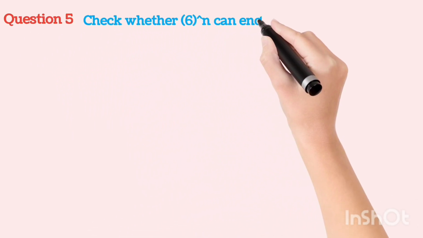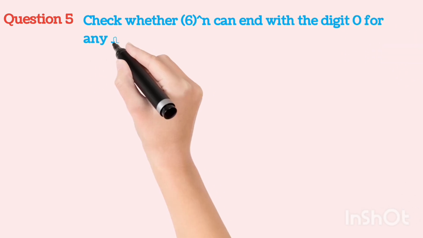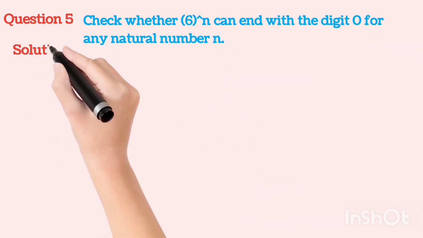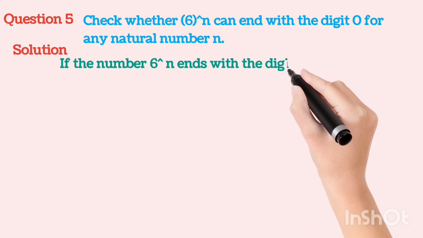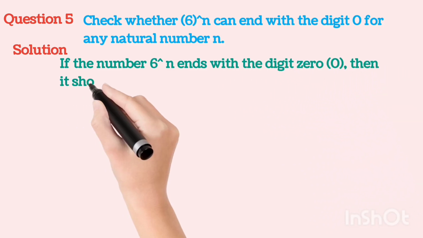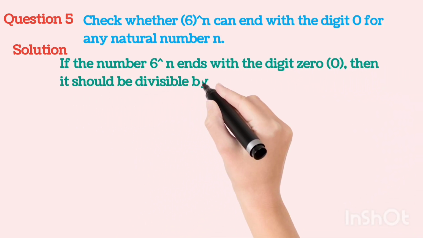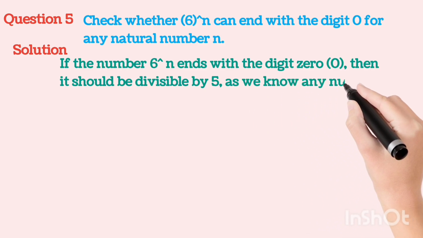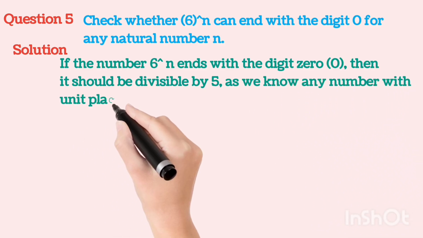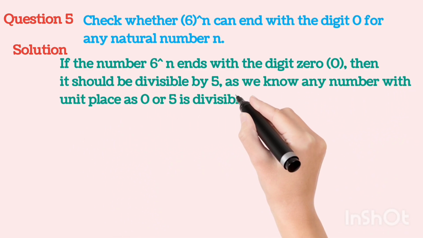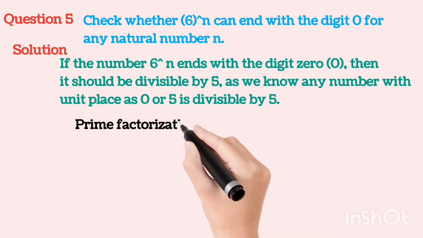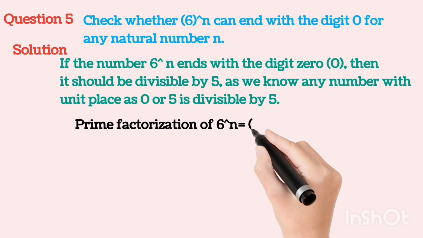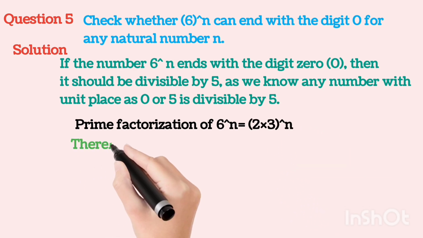Now next, question 5. Check whether 6 to the power n can end with the digit 0 for any natural number n. Solution. If the number 6 to the power n ends with digit 0, then it should be divisible by 5. As we know, any number with unit place as 0 or 5 is divisible by 5. So prime factorization of 6 to the power n is equal to 2 into 3 to the power n.